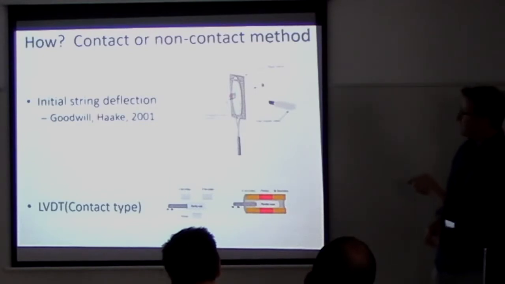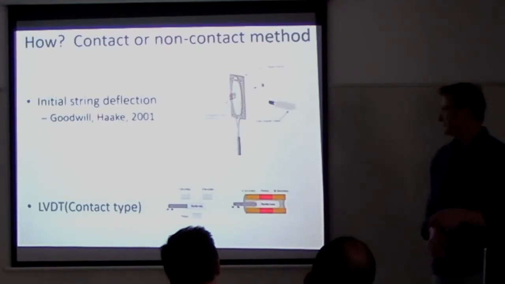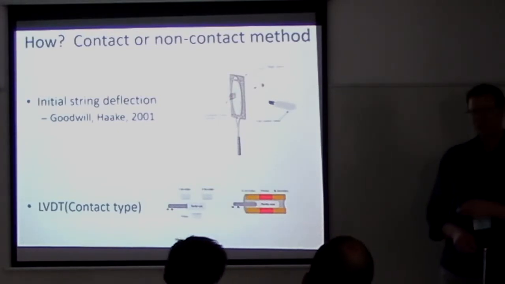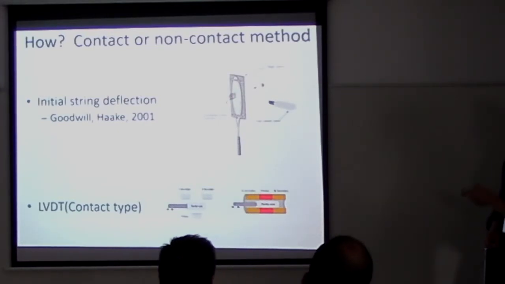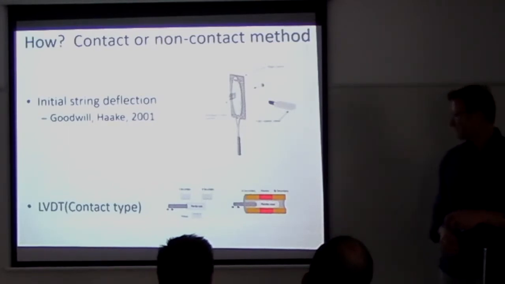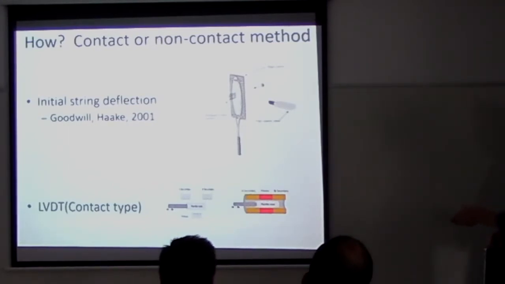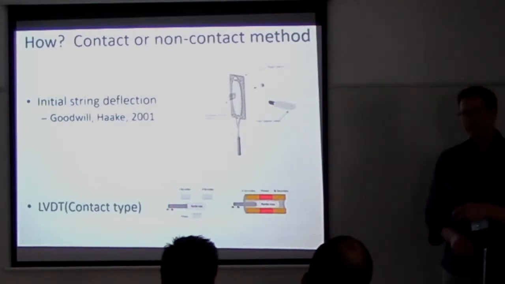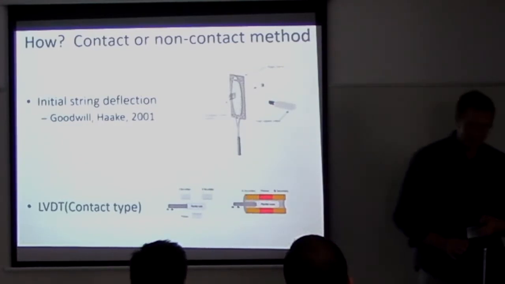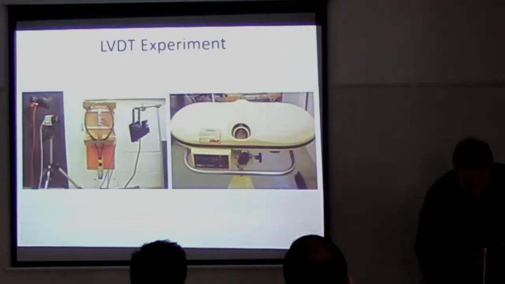So with this in mind, what we did in the early days is to say, well, if we're going to attach something, and this was pretty good for maximum deflection, can we use this principle in the form of a linear variable displacement transducer, where the basic setup is that there is no contact between the armature of the LVDT and the primary and secondary coils. So we thought, let's give that a go and see how it works out.